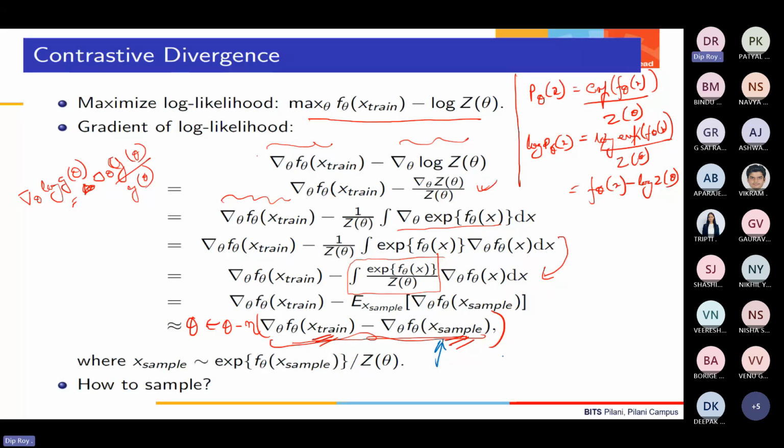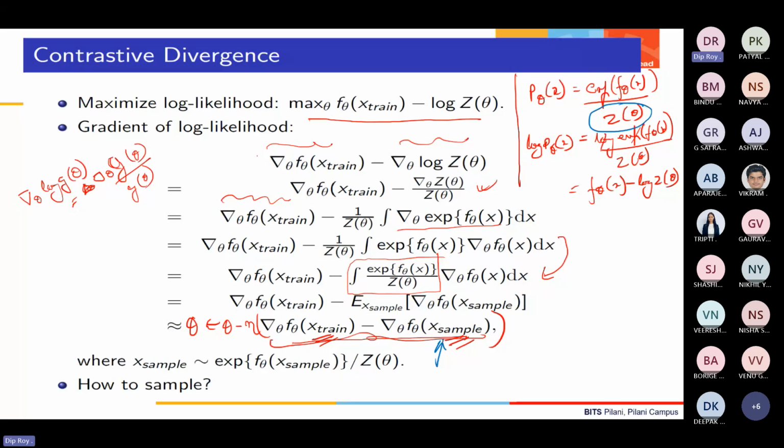Okay. And you understand why it is difficult to sample from an EBM? Because we don't know Z. So how do we sample from an EBM? That is the key question.